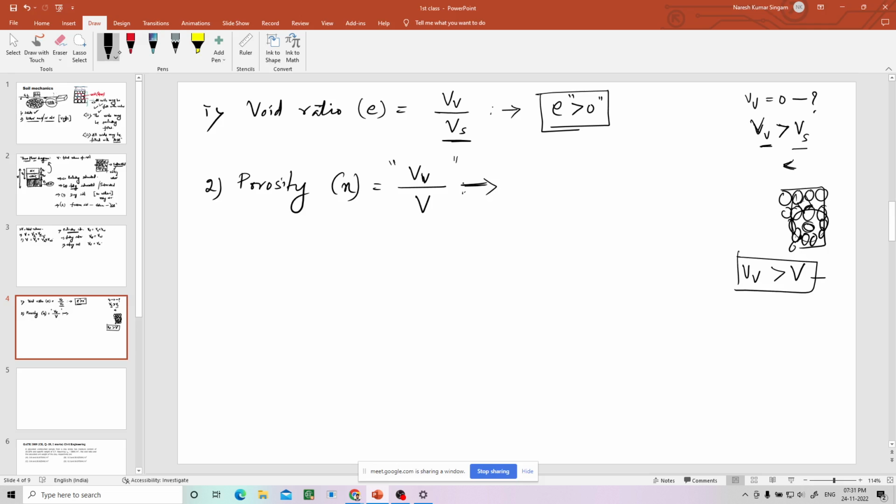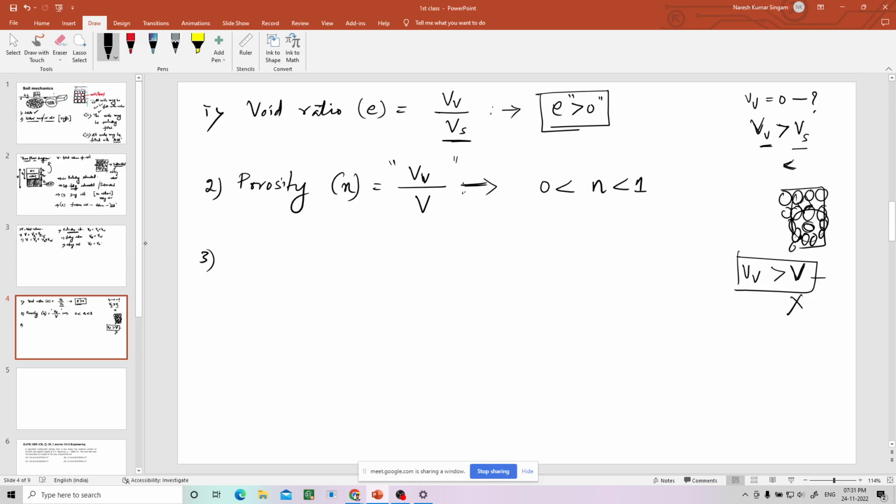Is this possible? No. So it can be equal to, equal means just less than that. That means it is always less than 1. Now n is here. What about the minimum? Volume of voids will be 0? It cannot be 0. So it will always be greater than 0. So this is the range.